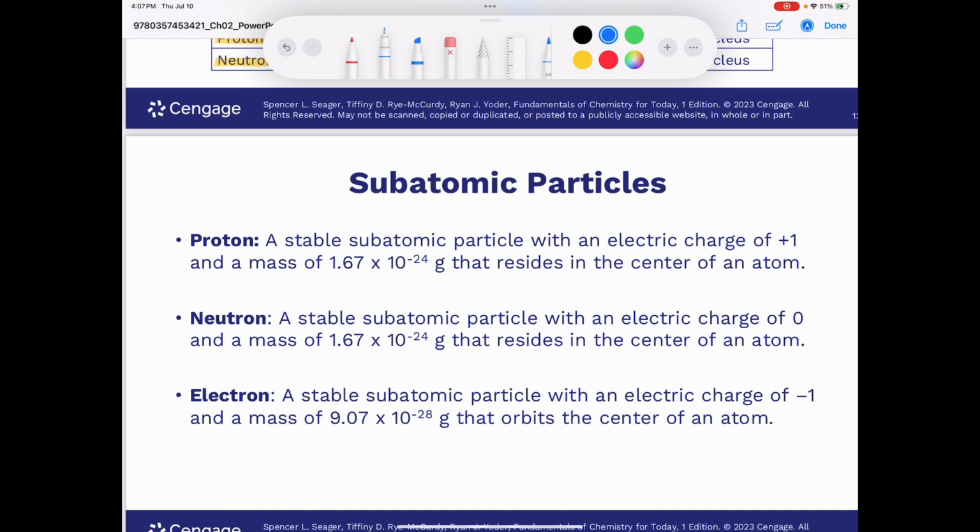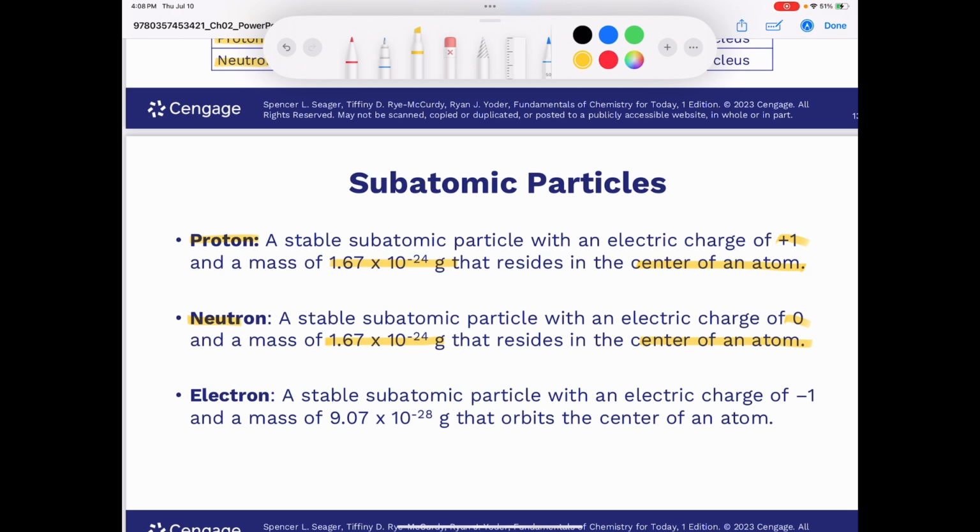So this slide just rehashes what I just went over, but we'll cover it. Again, a proton has a charge of +1. It's found in the center of an atom. It has a mass of 1.67 times 10 to the negative 24. A neutron is found in the center of an atom, has no charge, 0 charge, and has the same mass as a proton, pretty close.